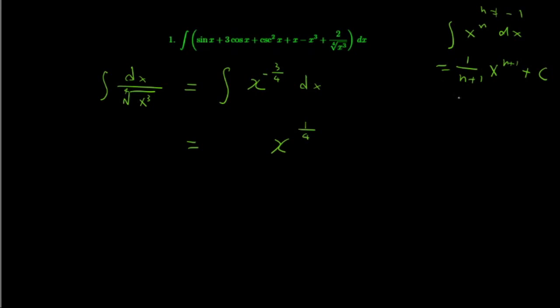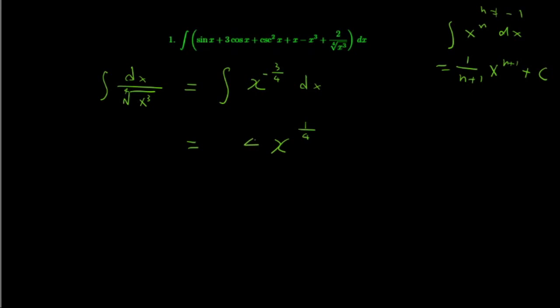And then the number before the function is the reciprocal of the exponent. I told you before. If you have 1/4 in here, you invert the numerator and the denominator, you have the coefficient.